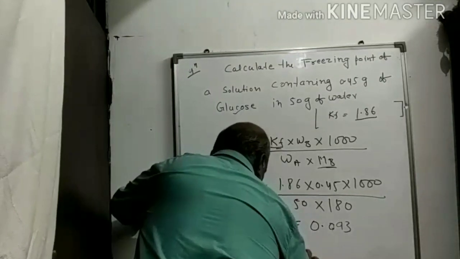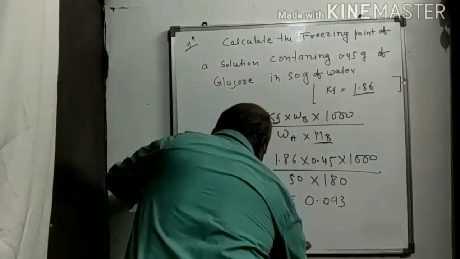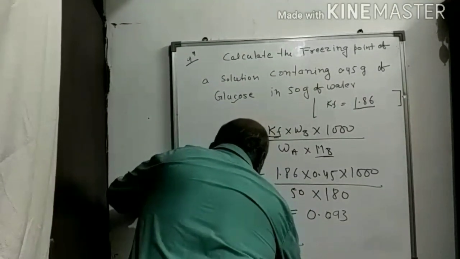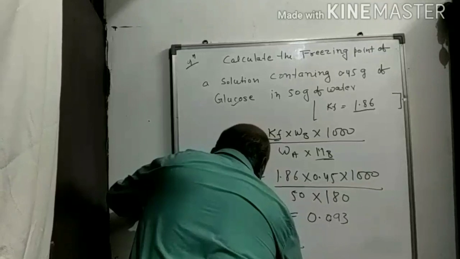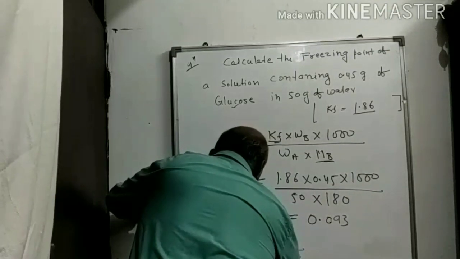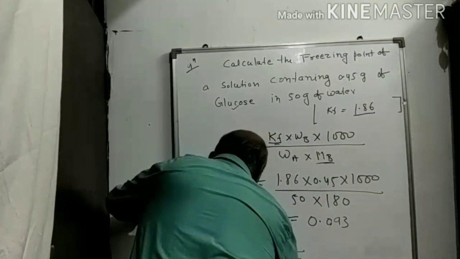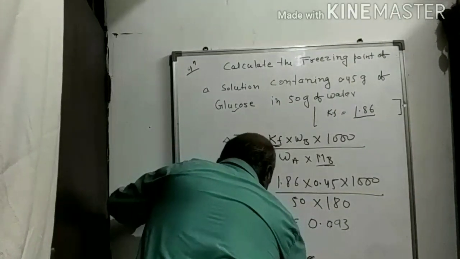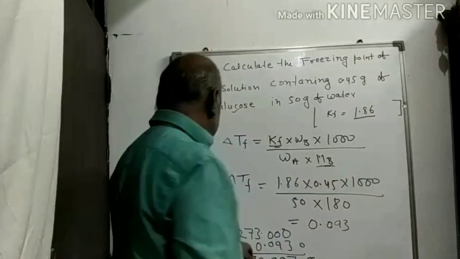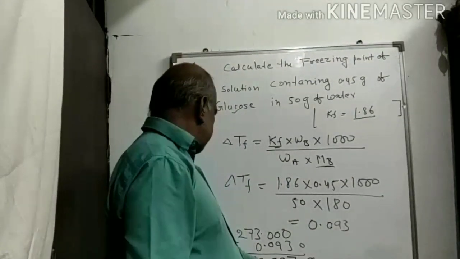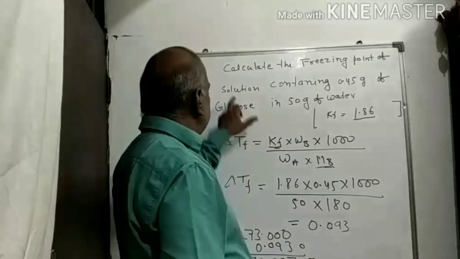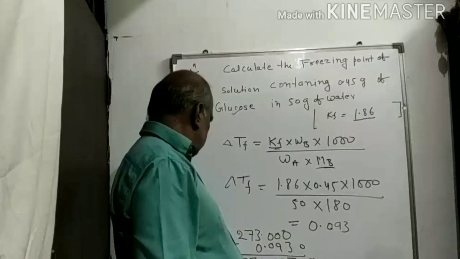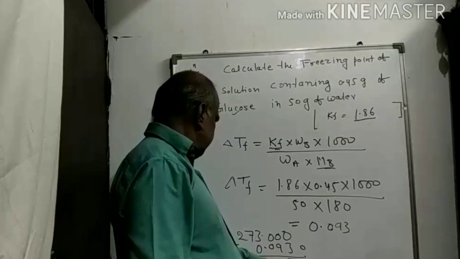We will get 272.907. Okay, now this is the freezing point of the solution.